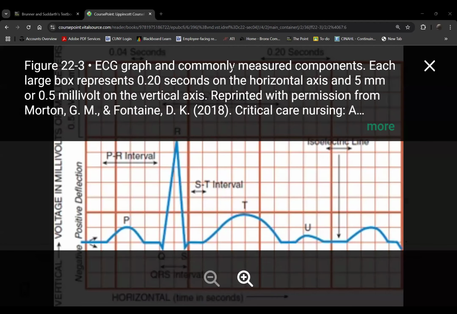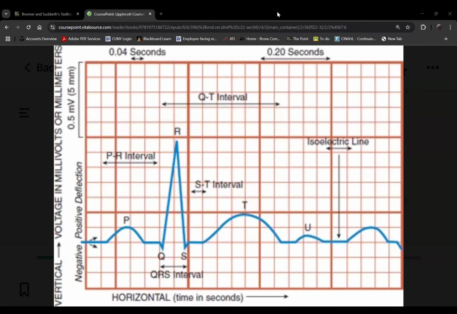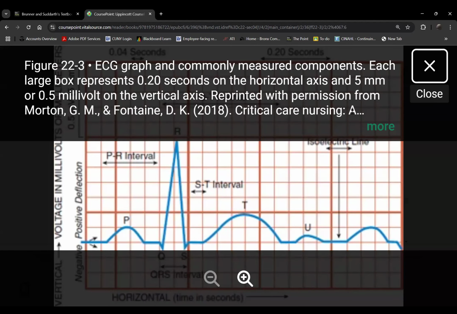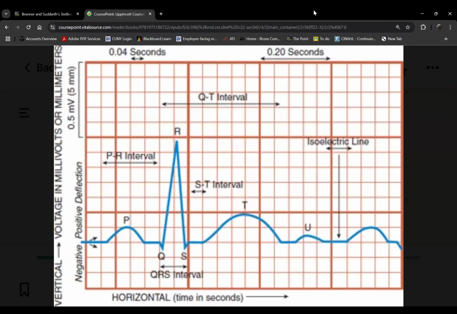What about big boxes? 1 big box measures how much? This horizontal line is time, right? So we don't count the vertical. So how many small boxes in 1 big box horizontally? 5.